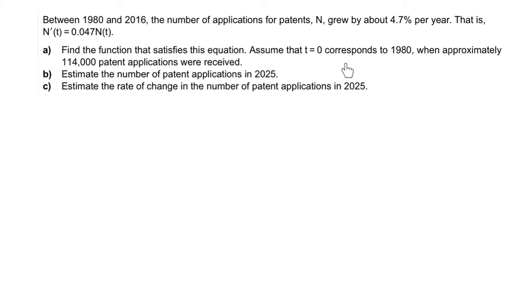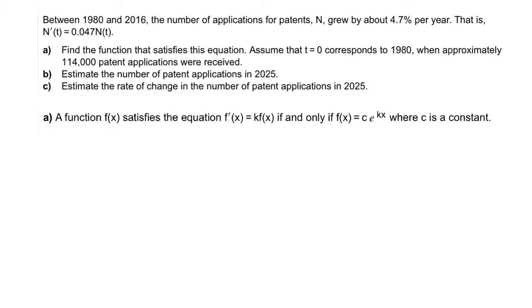Assume that t = 0 corresponds to 1980 when approximately 114,000 patent applications were received. Estimate the number of patent applications in 2025. Then we need to estimate the rate of change of the number of patent applications in 2025.